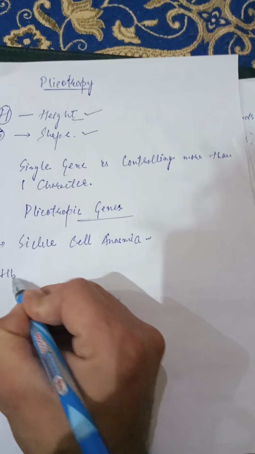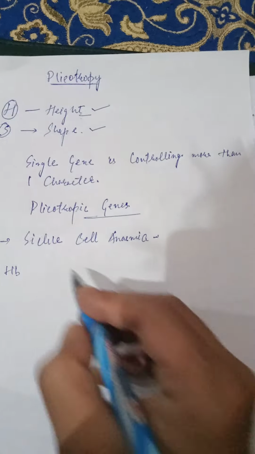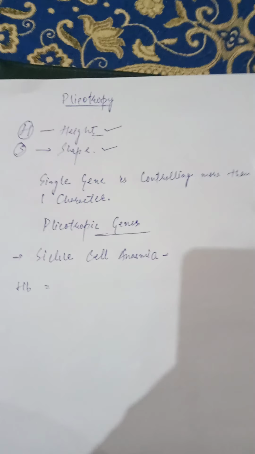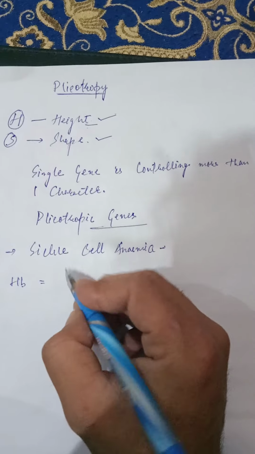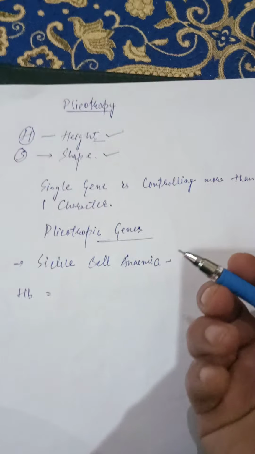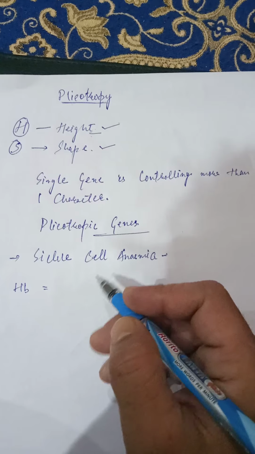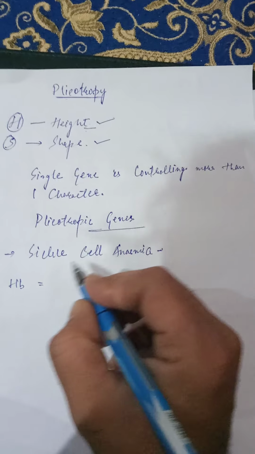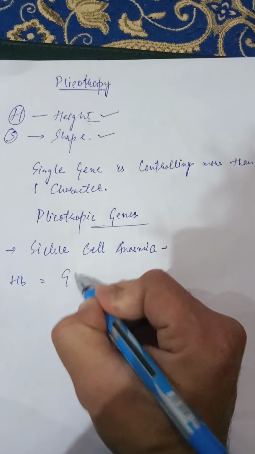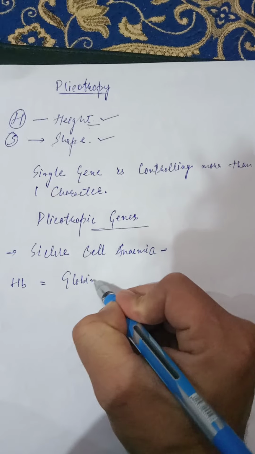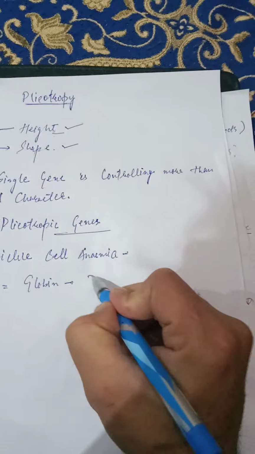Normally, our hemoglobin is made up of polypeptide chains, right? As we know, the protein part of our blood is globin, and that globin is a protein made up of polypeptide chains, right?